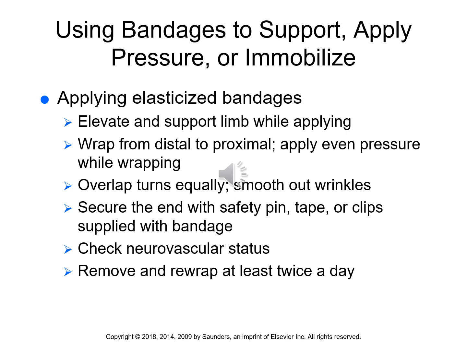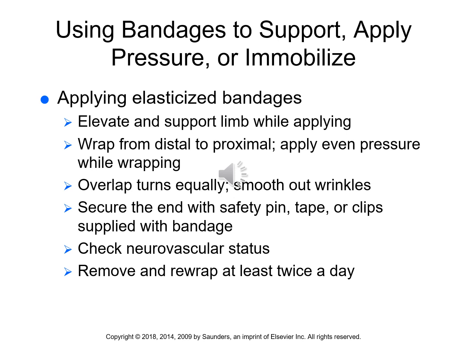You want to overlap the turns equally throughout, so applying pressure evenly along the extremity or whatever it is you're wrapping. Make sure it's smooth without wrinkles, because you don't want those wrinkles putting pressure on the skin, potentially causing any skin breakdown, and secure the end of it with whatever.